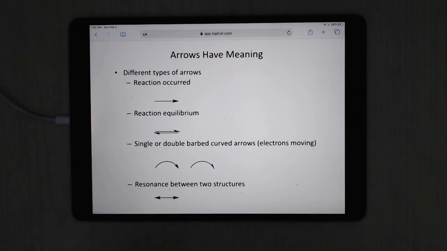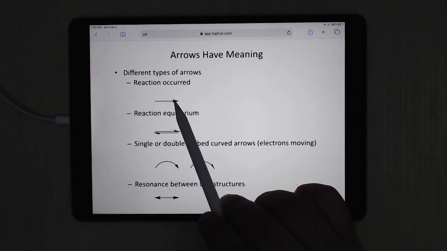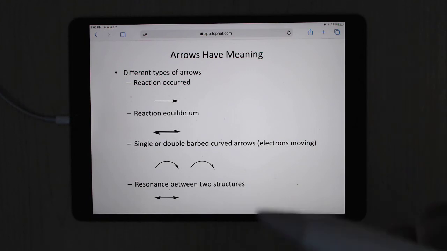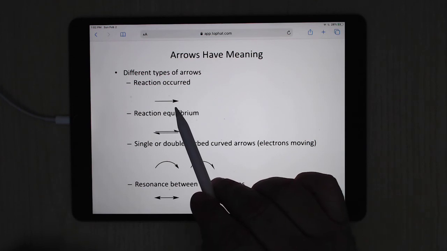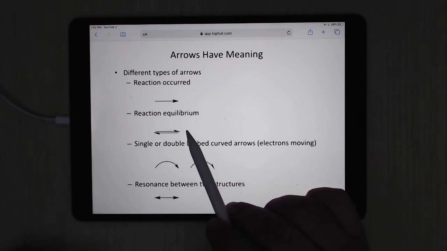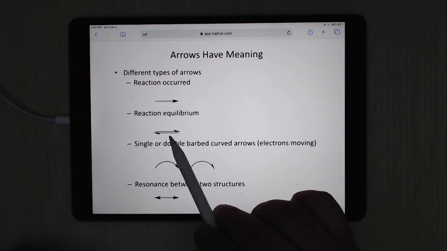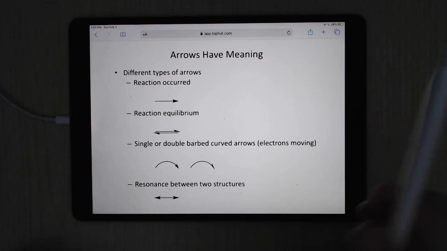And so when we're describing these things, we have to know about the different types of arrows, okay? If you have a single-headed arrow, you've seen these since the beginning of chemistry, that means a reaction has occurred. If you have two either single-headed or double-headed arrows, but you have to have 2 of them, that means there's an equilibrium.